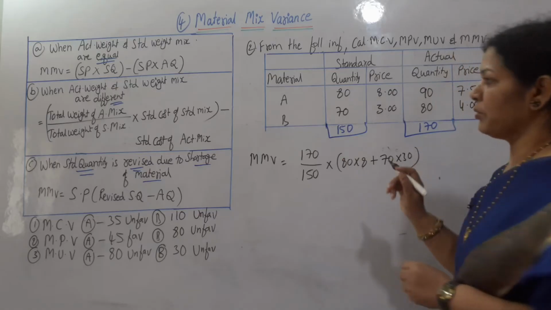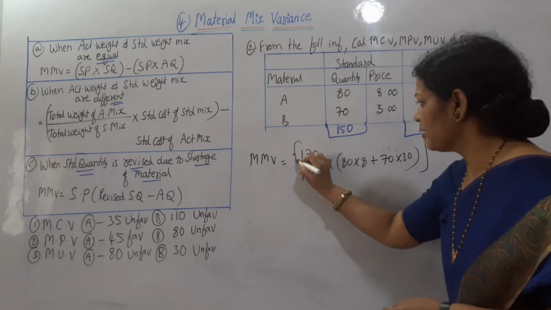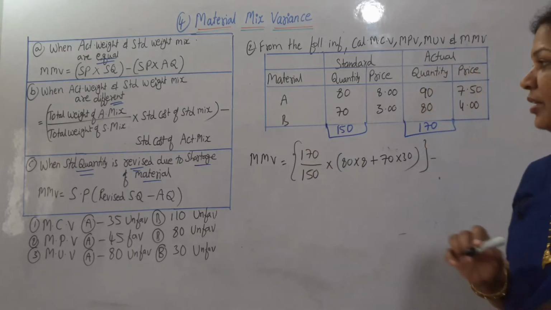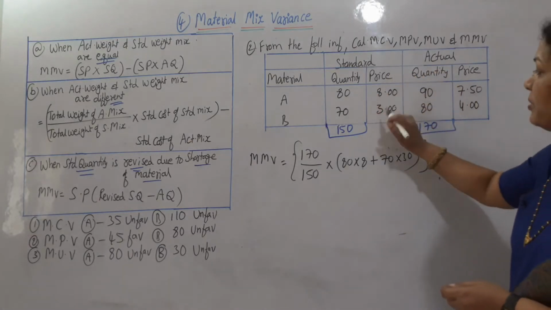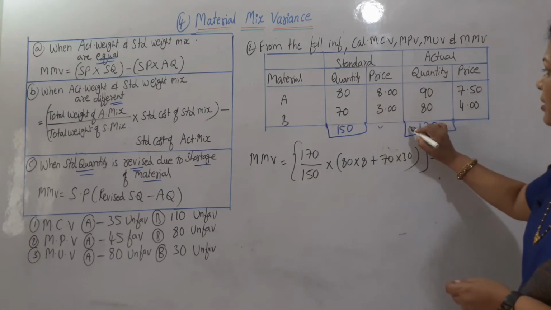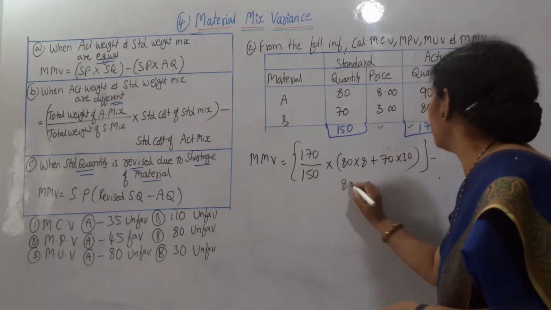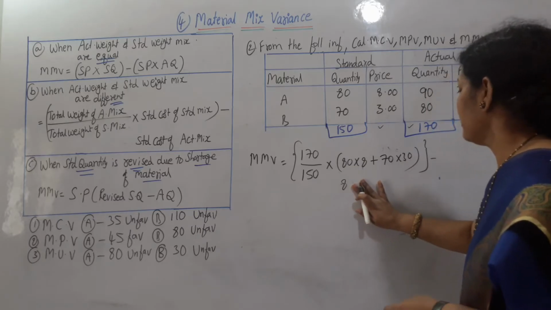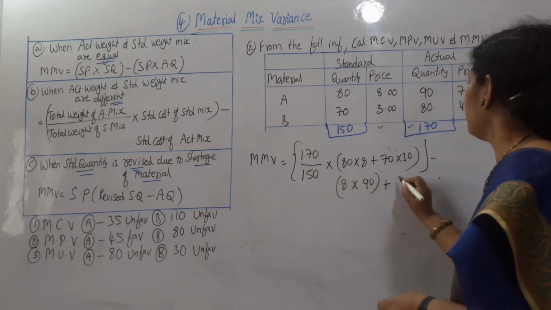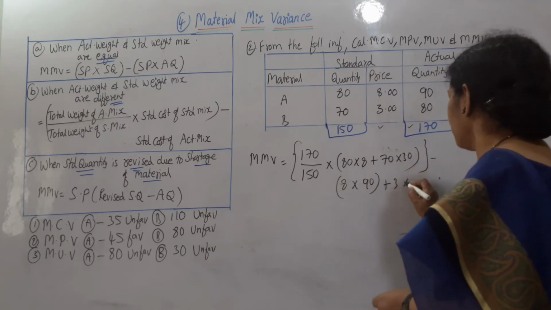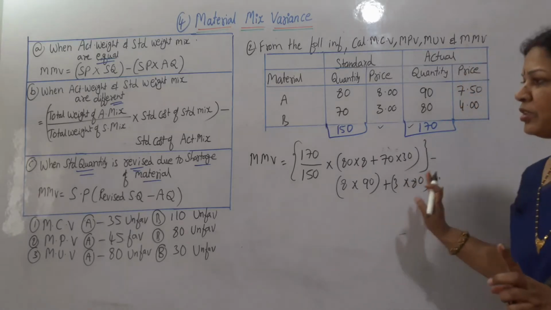Everything in brackets, minus standard cost of actual mix. Standard cost of actual mix means 8 into 90 plus 3 into 80. So this you have to do.